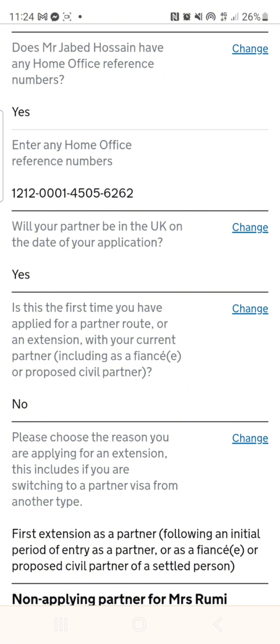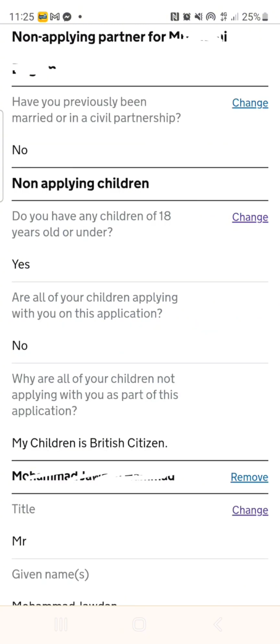Asking the home office reference number. When you got your visa or indefinite leave to remain, enter any home office reference number. Yes. Will your partner be in the UK on the date of your application? Yes. Is this the first time you have applied for a partner route or an extension? No, I already have an initial visa.